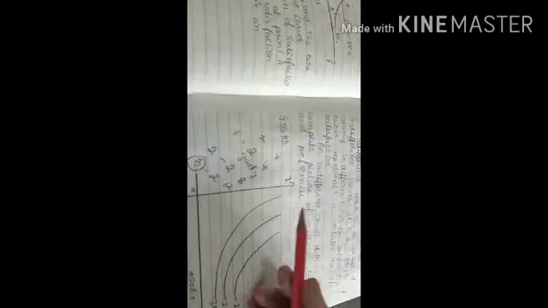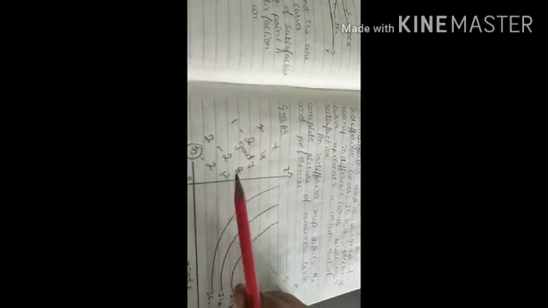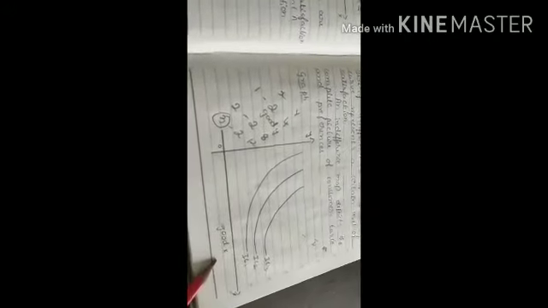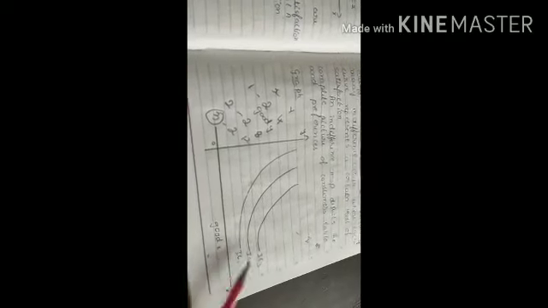Which one is represented here? IC3. Here the OY axis represents good Y, the OX axis represents good X, and IC means indifference curve.